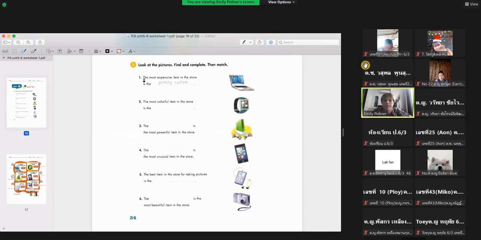Okay, so if we go up here, they want us to fill it in. Let's see. They did number 1 for us. The most expensive item in the store is the gaming system. Very good.